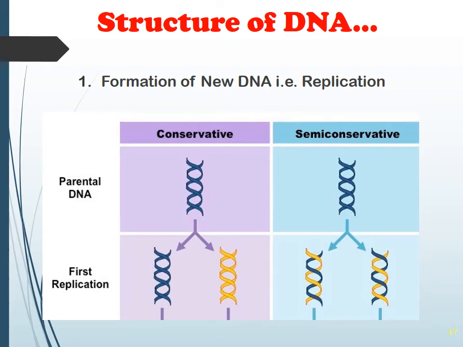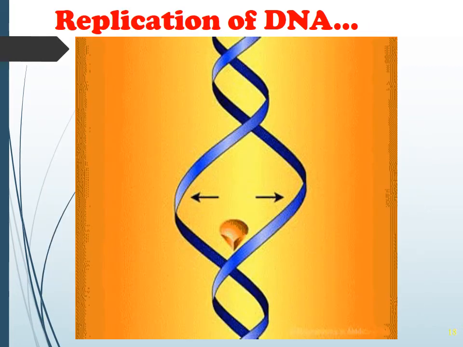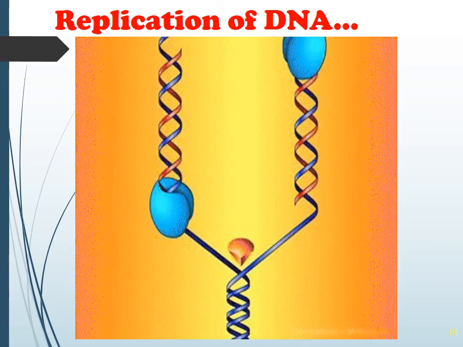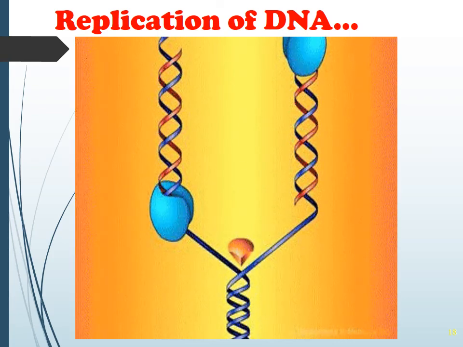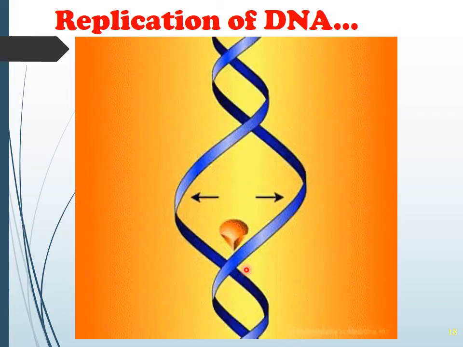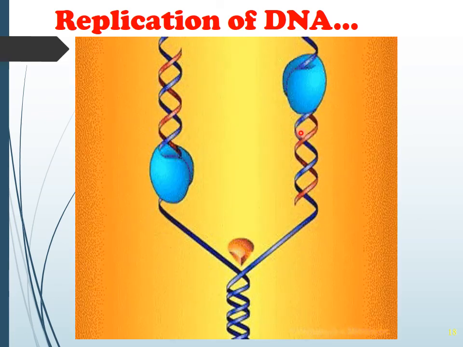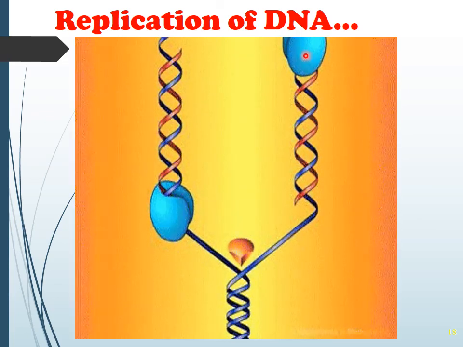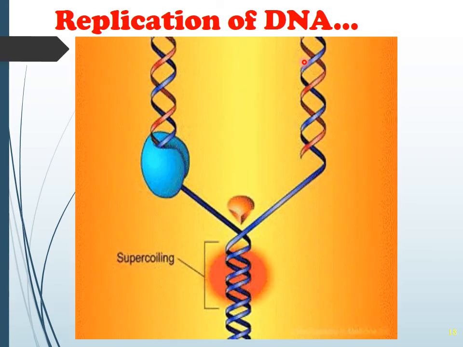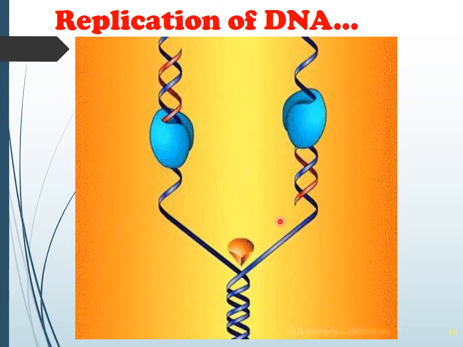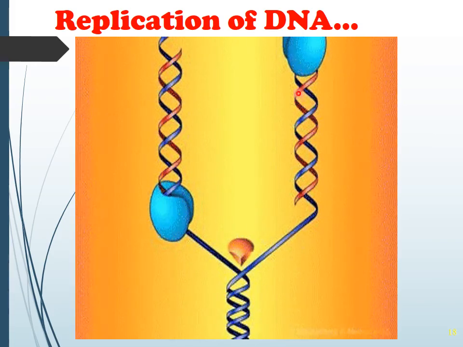Now look at this GIF carefully. See what is happening in this diagram. This blue color DNA helix unwinds, correct? And once it unwinds, there are these 2 blue color structures. We call them enzymes. These 2 enzymes come into action and start forming the new strand. Can you see this red color new strand?